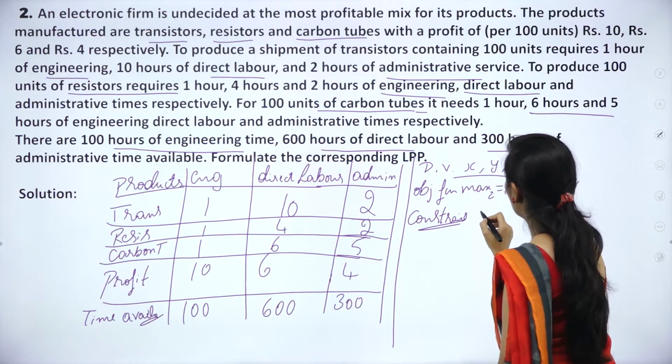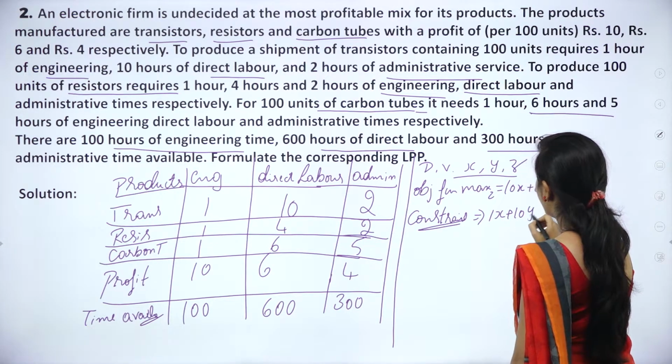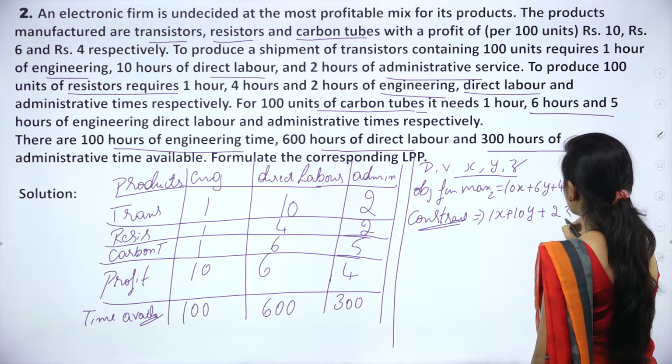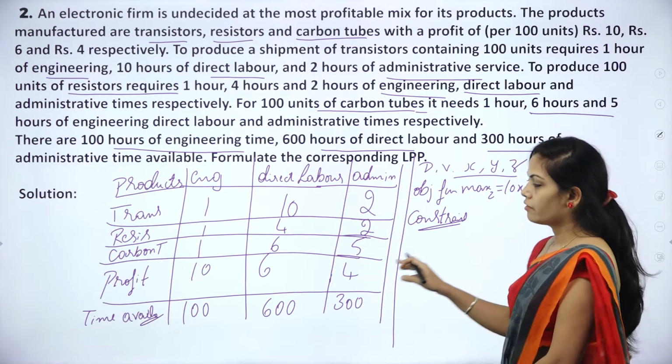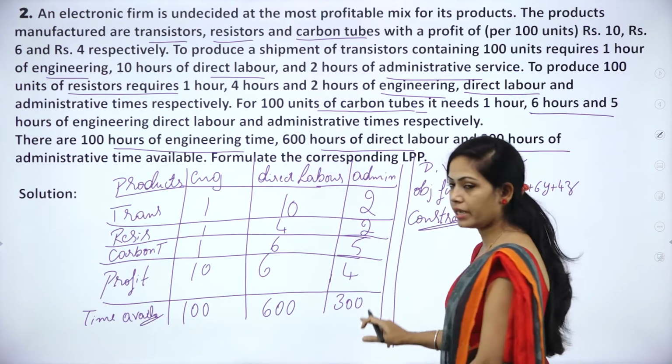So here we know the availability for engineering, direct labor and administrative.